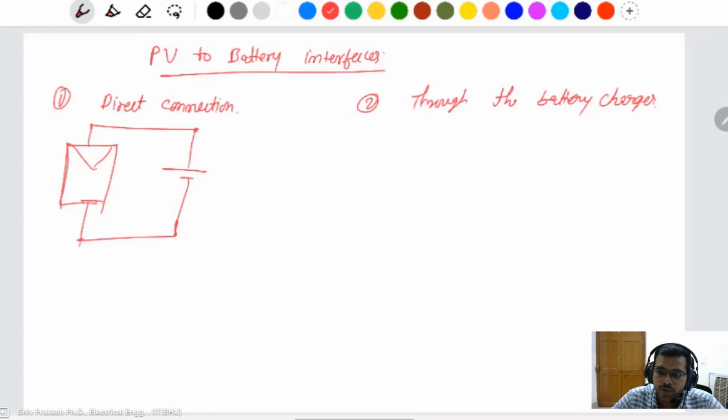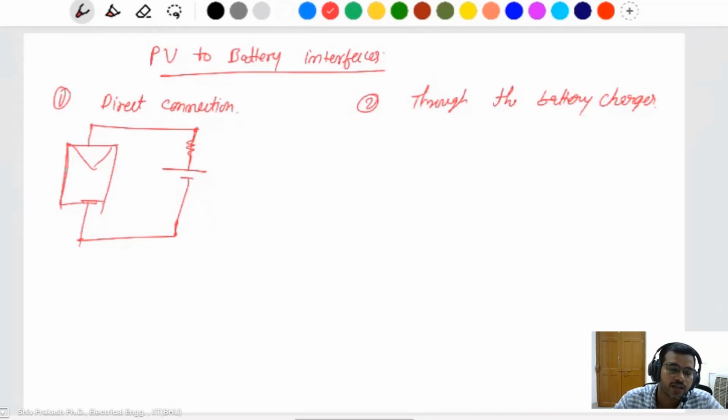But if you want to connect this way, the battery should be practical, like it has some internal resistance. Because if it is ideal, then you can connect two voltage sources in parallel at different voltages. A PV panel has a different voltage at different insolation.